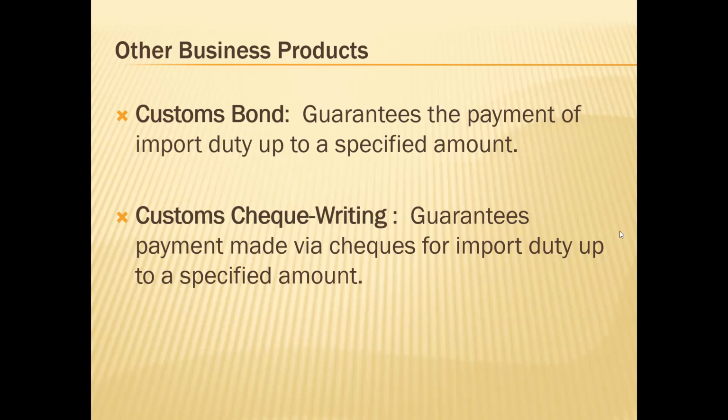So at the end of the month, I've only used up $25,000 of it. So I go into the customs department and I pay customs the $25,000, normally by manager's check or wire transfer, or as the case may be.